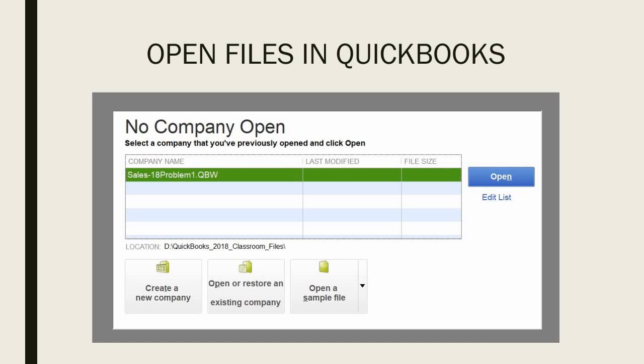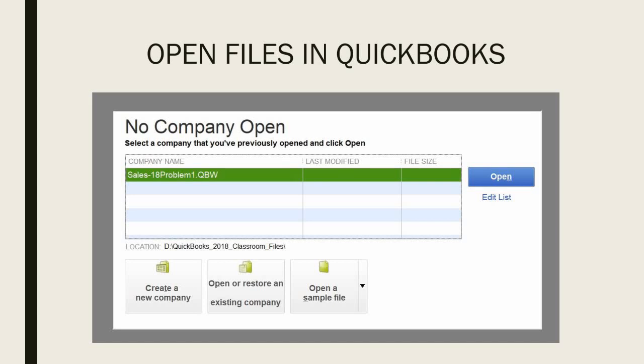Are you going to open an existing one, or are you going to create a company file? You need to create a company file in order to access anything in QuickBooks, okay? It's not like Excel where you click a blank new page and you're able to access everything. No, you have to create a company file in order to utilize any of the functions that are in QuickBooks.